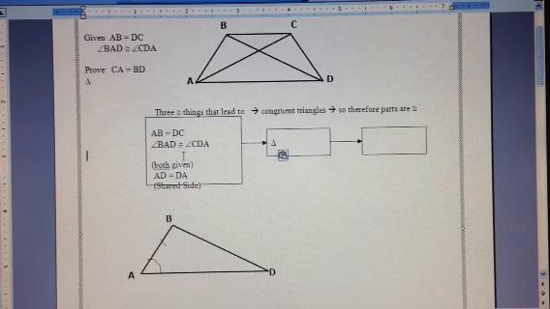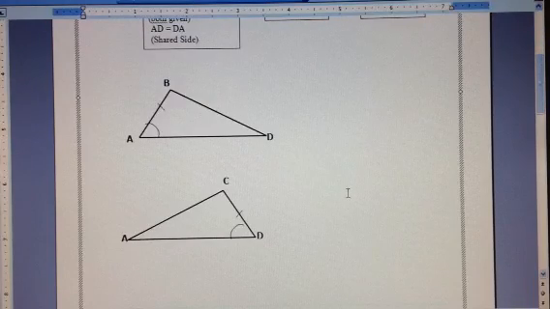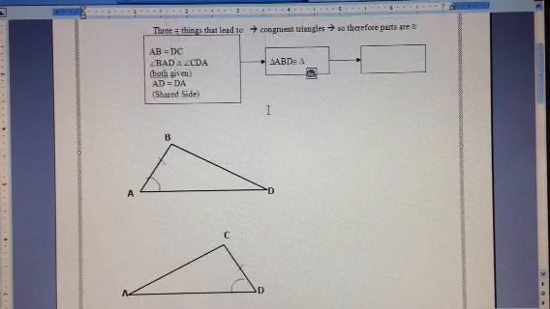Triangle ABD is congruent to triangle DCA. Notice since I said ABD, I've got to say DCA because you want to make sure it's in the same order.